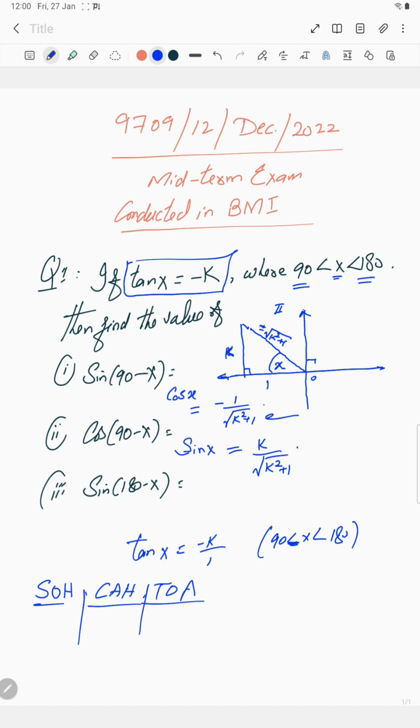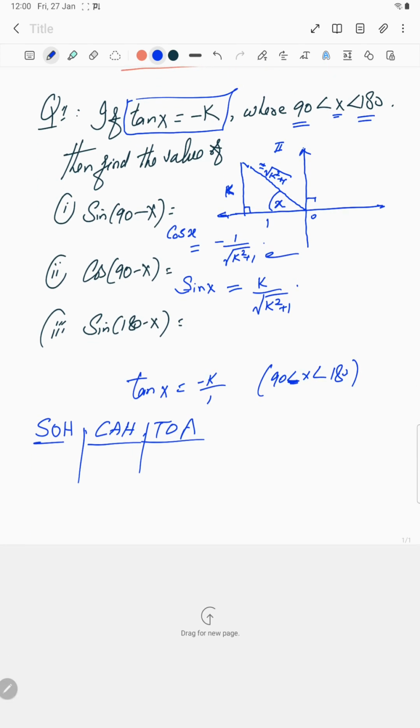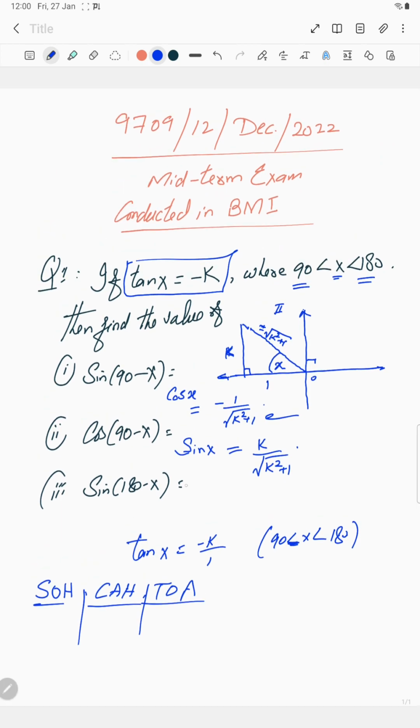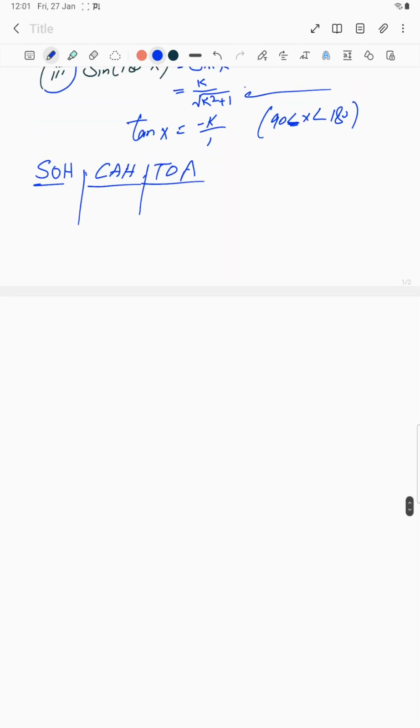And sine(180 minus x), that was equal to sine, this is an obtuse angle, so it will be equal to sine of x. So sine x again you can write as k divided by the square root of k square plus 1. So these are the 3 answers for question number 1.